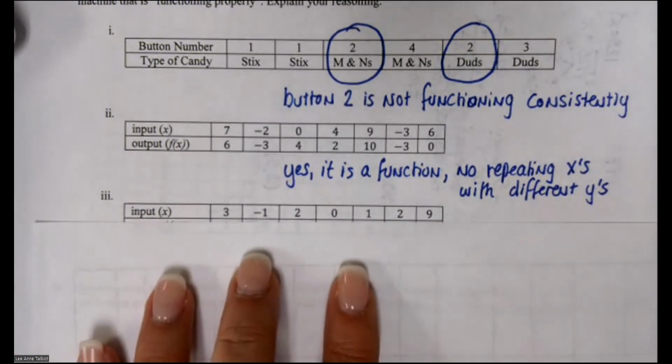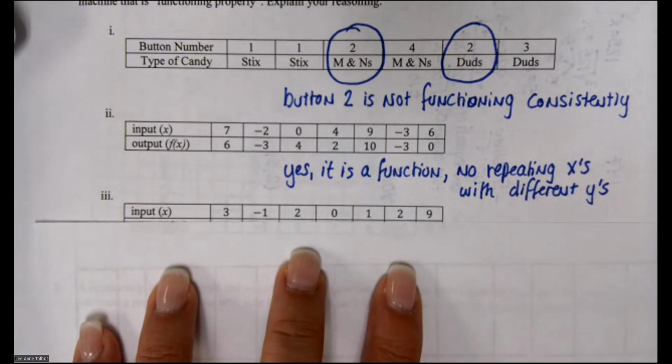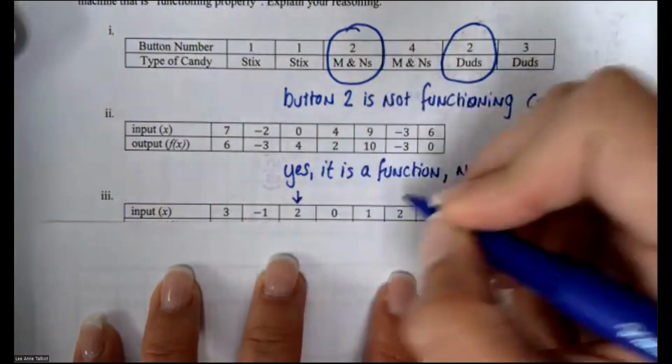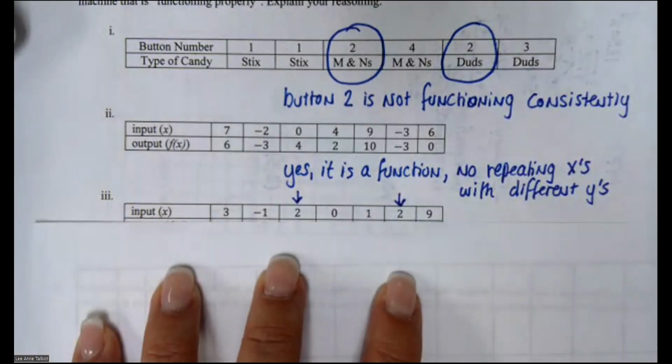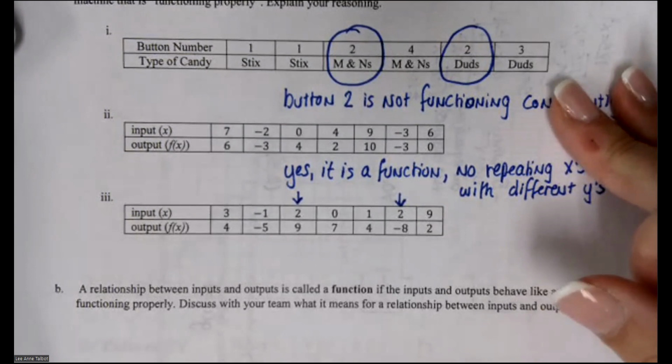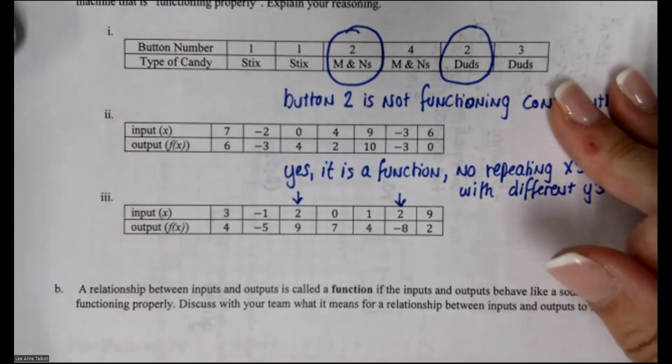Okay, number 3. Do you see any repeating x's? Yes. Okay, so I'm just gonna mark them. That's it, right? Just the 2's. Okay, now what I'm gonna do is I'm gonna check and see if the 2's have different outputs. Do they have different outputs?